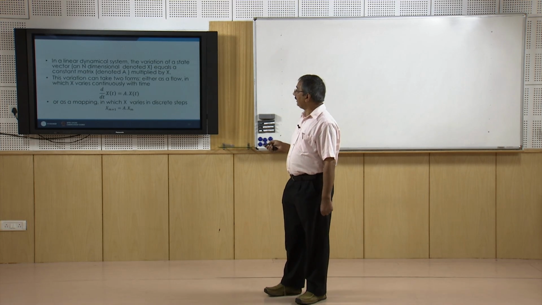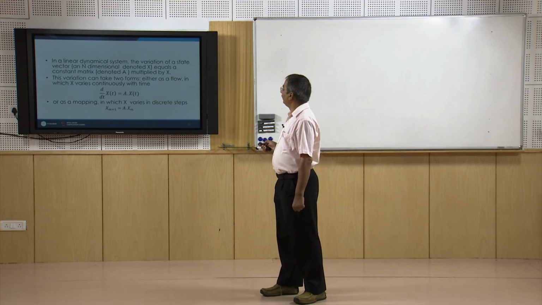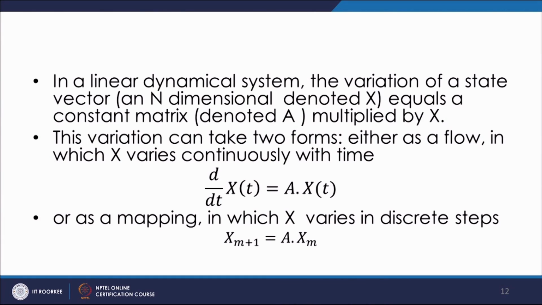Now, in a linear dynamic system, the variation of the state vector, an n-dimensional vector denoted by x, equals a constant matrix, say denoted by A, multiplied by x.